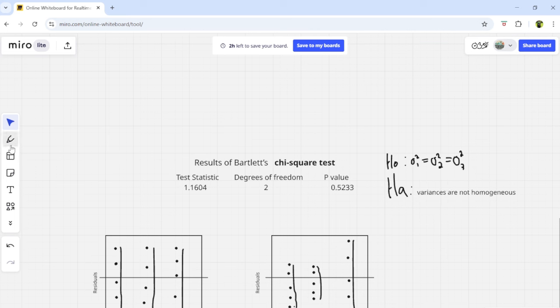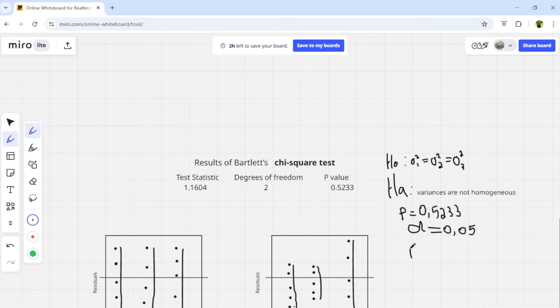And then from there, what you do is you look at the p-value. In this case, this is the p-value. So the p-value is equal to 0.5233, and the alpha is equal to 0.05.